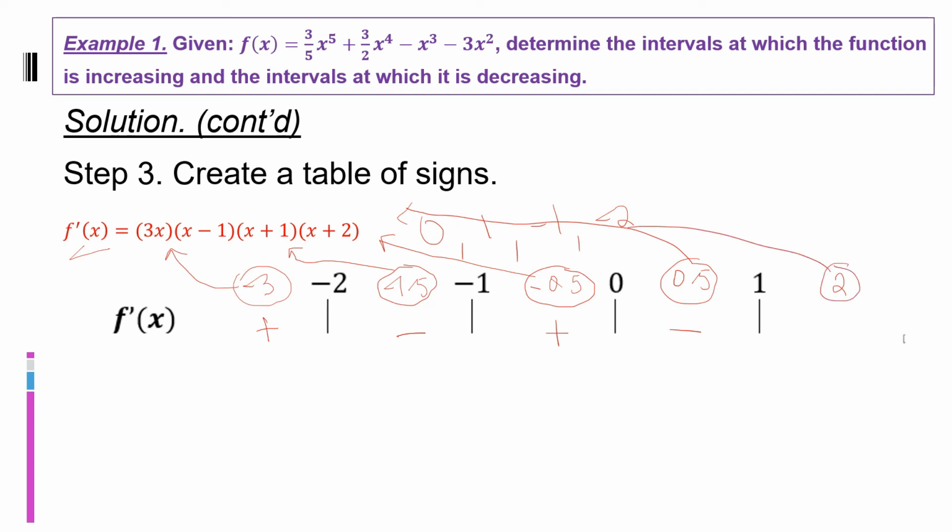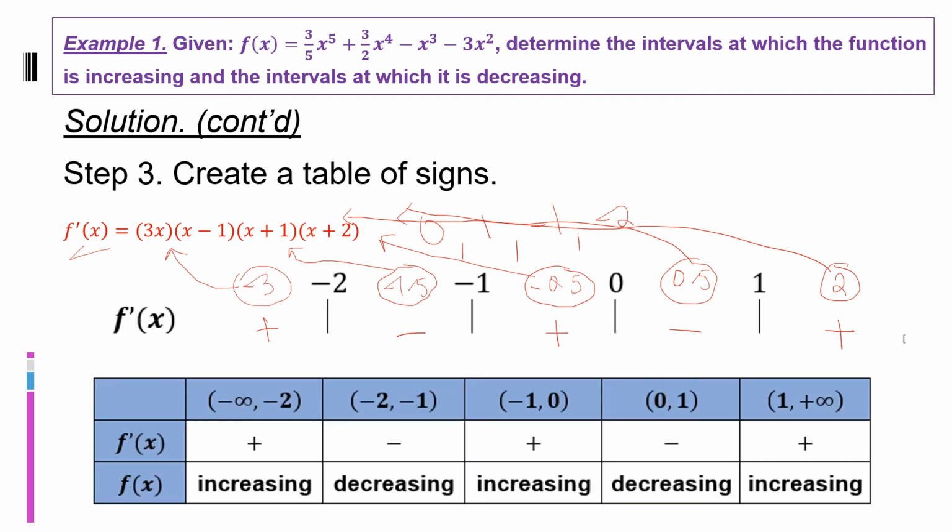And 2, ipa-plug in natin kay f prime of x, that is positive. So, hindi natin tinitignan yung mismong value. Tinitignan lang natin yung sign niya. Now, what does this mean?